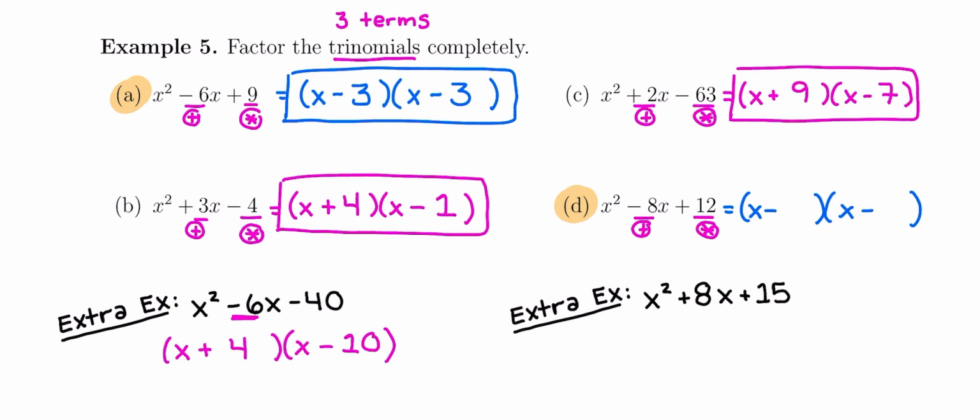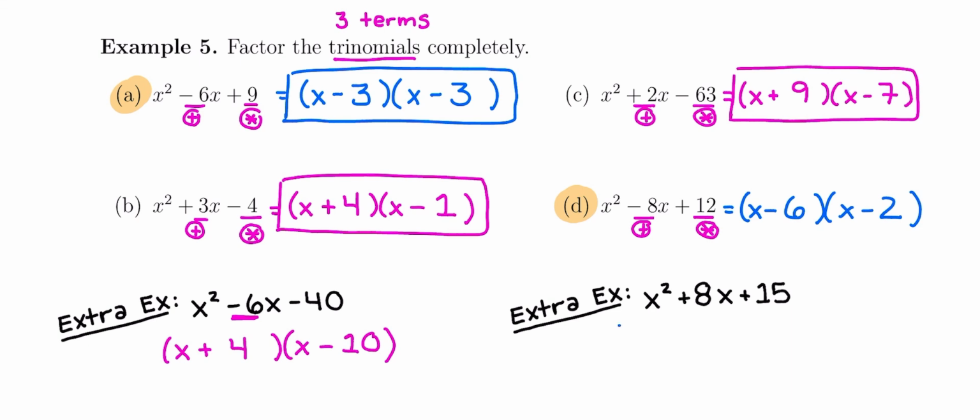But -12 minus 1 is going to be a -13. That's not going to work. So other factors of 12, if I try -4 times -3, that would be +12, but -4 minus 3 is going to be -7. So other factors, I need -6 minus 2 gives me -8, and -6 times -2 is +12.